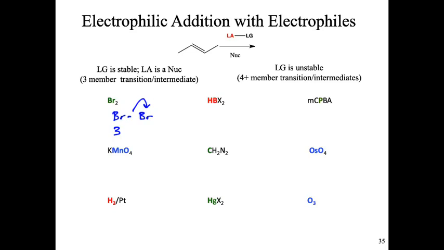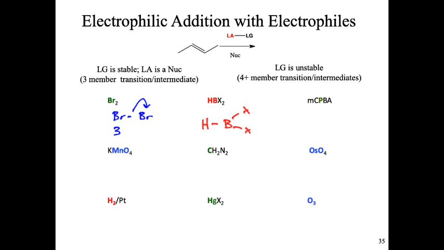HBX. Part of this is knowing the reactivity here. What's the reactivity of that structure? Where's the electrophile? Where's the Lewis acid? Almost everybody jumps on hydrogen because hydrogen's always positive. No, it's not.